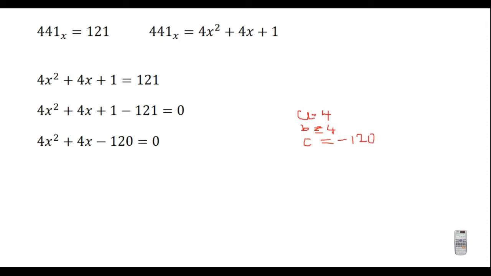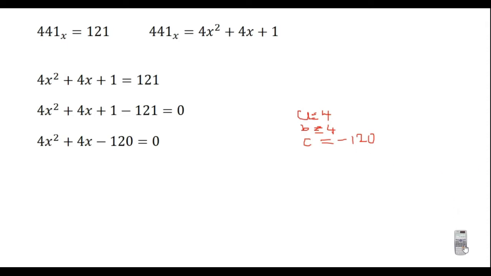So a is 4, b is 4, then c is equal to negative 120. So I said that to find the two numbers that you use in expanding this trinomial, the first thing you need to do, after you've identified all this, is multiply your a by the c. So in this case, a is 4, c is negative 120.